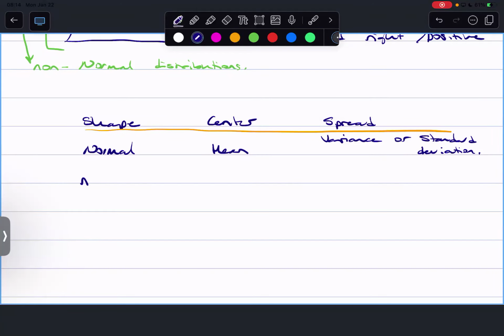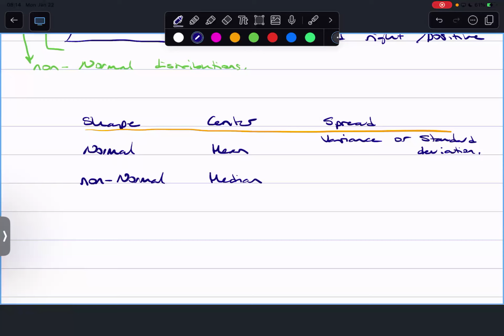Whereas if we have a non-normal distribution, then there are a couple of different options for the center, but generally we would use the median. The median is the central value of the data, right? And we saw that the mean is affected by outliers, so extreme values, whereas the median is not.